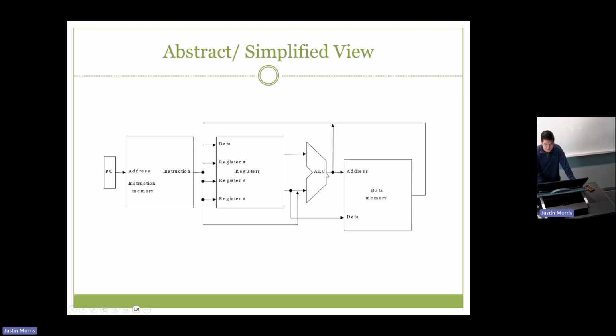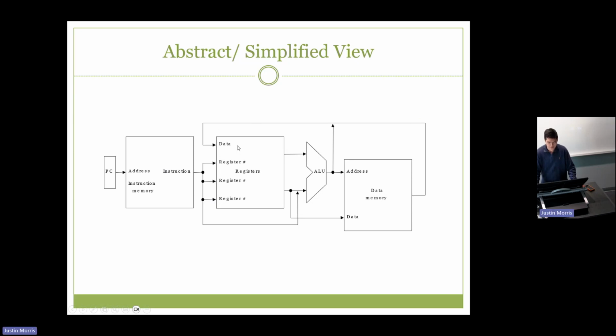And then the ALU is going to be that memory base address plus immediate into the address, or it's going to be the result of the R type add, subtract, things like that, and be sent back over here. But the other thing that can be sent back over to the register file is from a load word.